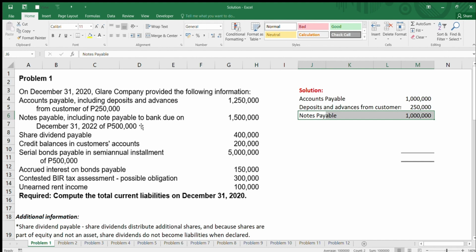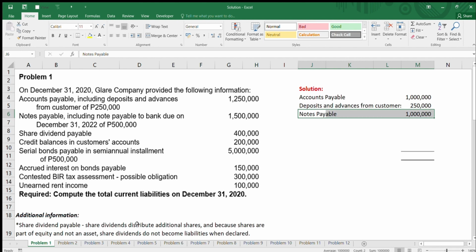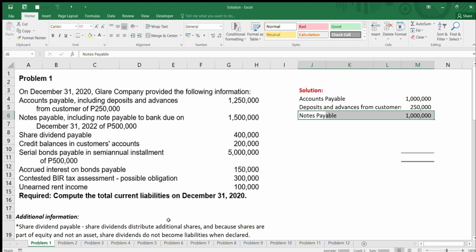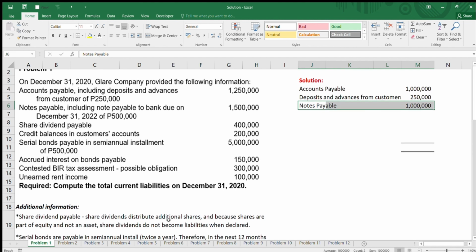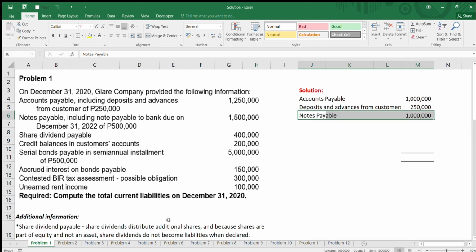Next, share dividend payable. I just added this below. These are share dividends distributed to the owners for additional shares. Because shares are part of your equity and not an asset, remember that share dividends do not become liabilities when declared.